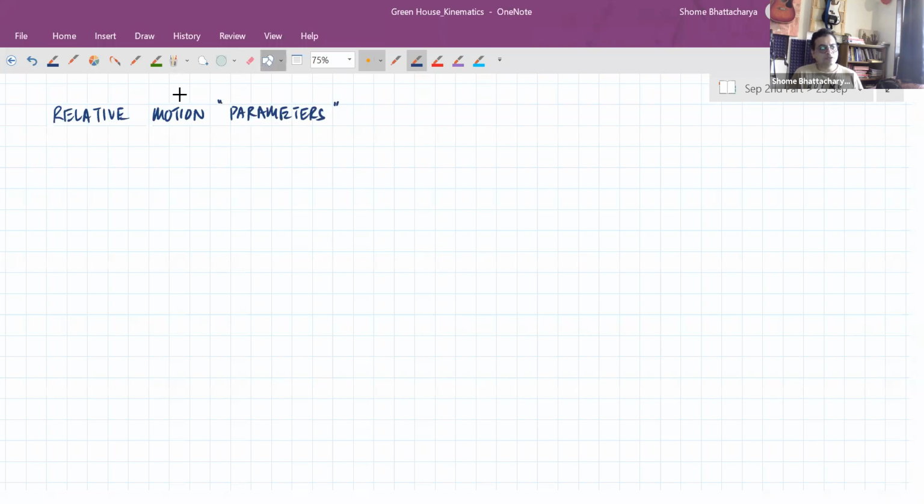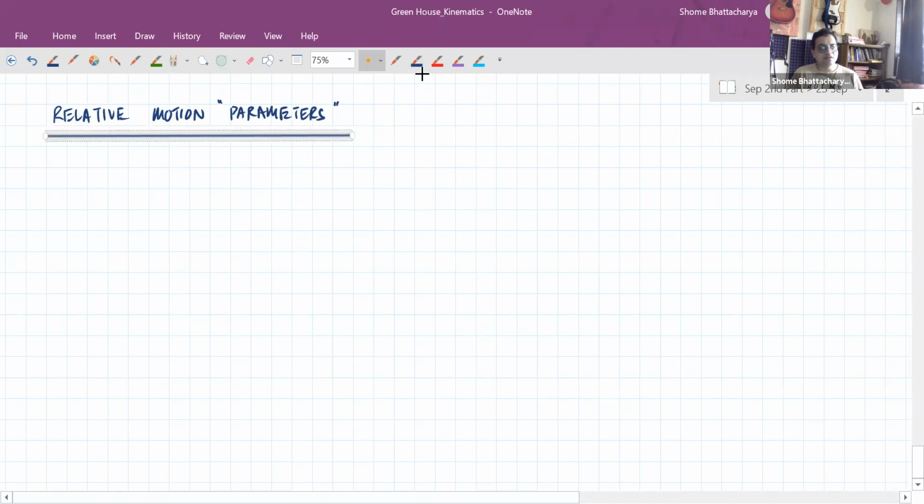So now we are talking about relative motion in general, not just the two examples that we've seen before. And in general, it's a little bit more complicated because in the two examples we saw earlier, the two objects were moving along the same straight line. But that may not always be the case. Another example of it is if you're sitting inside a moving vehicle and you're observing rain which is falling.